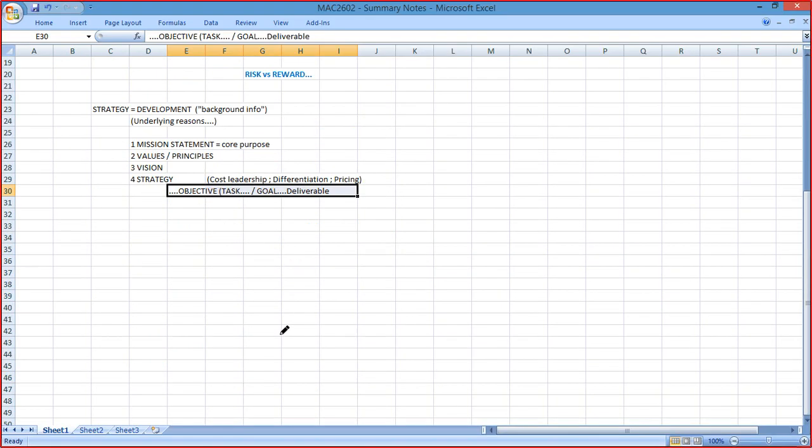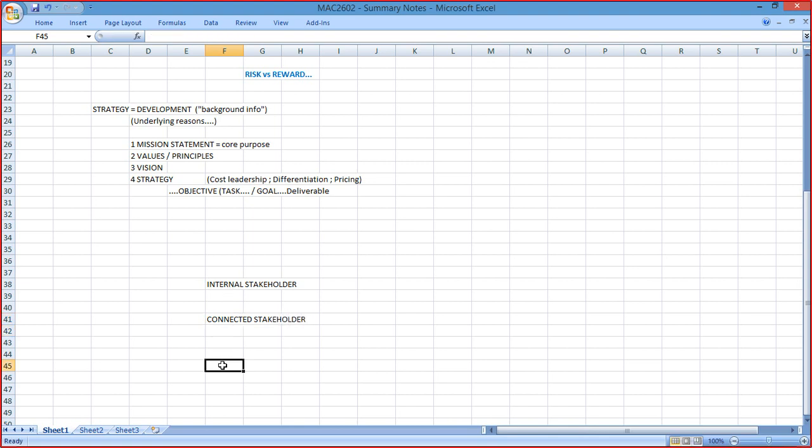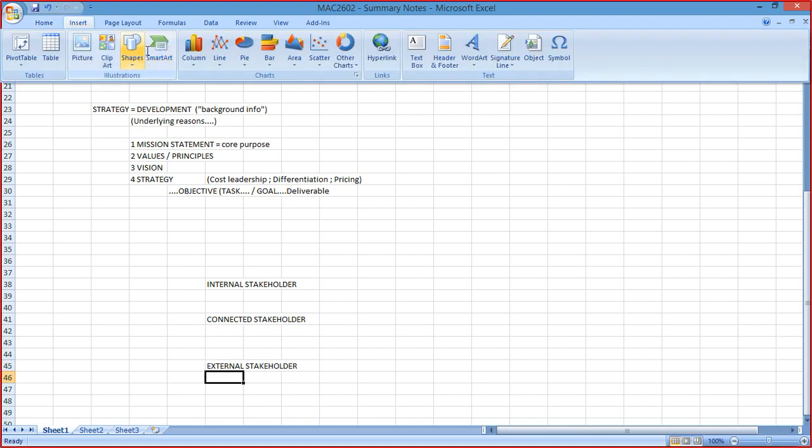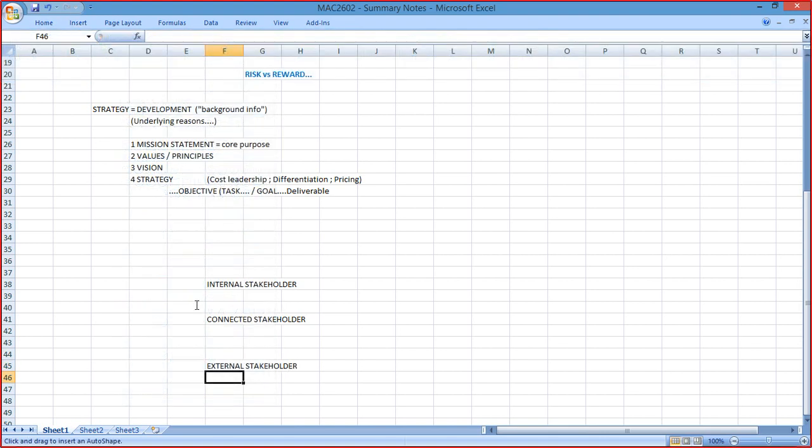So if I had to show that, you've got internal stakeholders, then you've got the connected stakeholders, and then on the outside of that you've got the external stakeholders. So that's basically what you've got here. You've got the core.